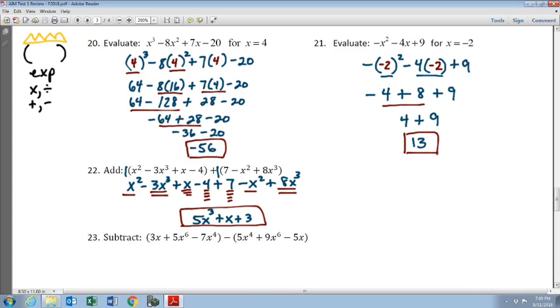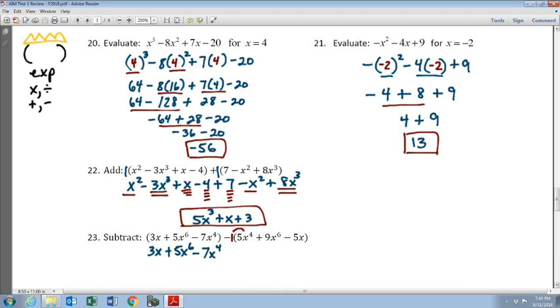So on number 23, it's very similar as far as how we start. That first trinomial, we can just drop the parentheses. But anytime we have a minus in front of parentheses, we have to remember to distribute a negative 1. It's understood that that's a 1 there, and so we're going to multiply negative 1 times each of these 3 terms.